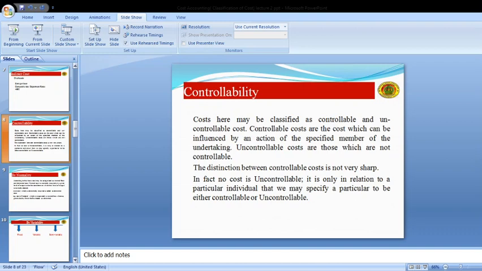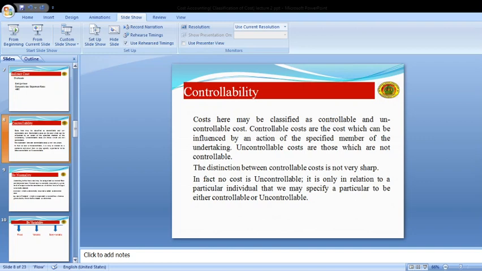Now, the advantage of the classification is that we assess each manager on controllable costs, which are controllable within his or her decisions. Otherwise, what happens? Every manager will say, I do not have much authority, seniors are taking decisions, other departments are incurring more expenses, so I cannot control my expenses. Out of all those costs, most of the cost is not in my control.